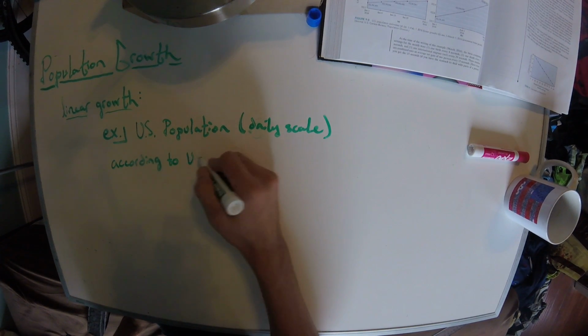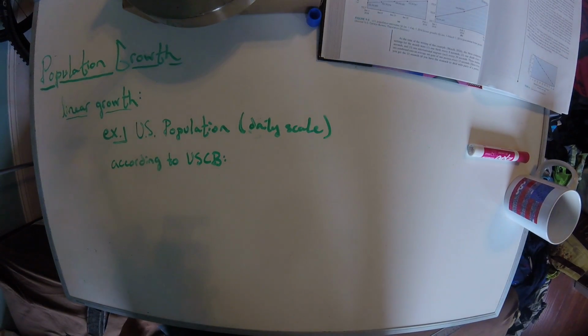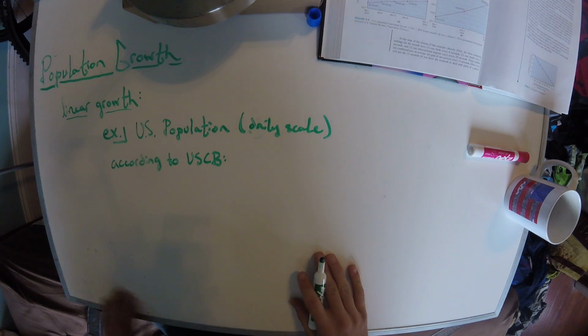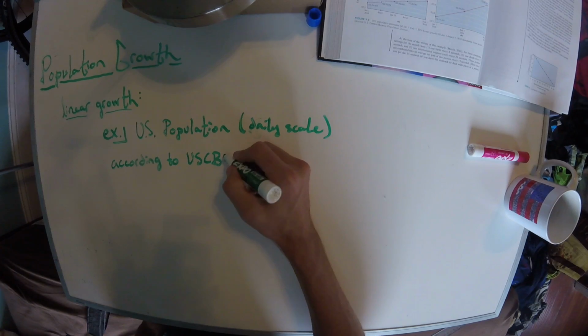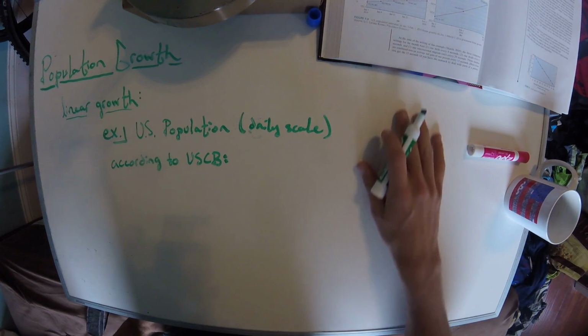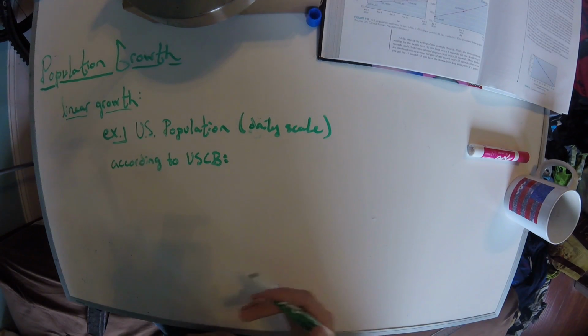So according to the U.S. Census Bureau, we can kind of approximate the number of people that get added to the population every day. And so the U.S. Census Bureau in 2016 approximated a couple factors that contribute to the change in population.